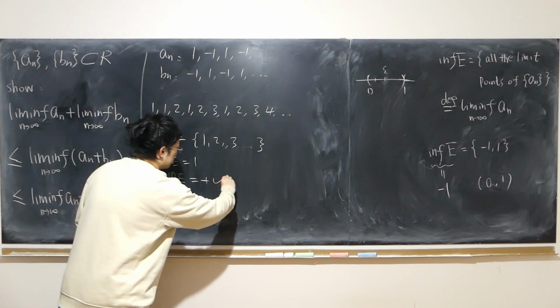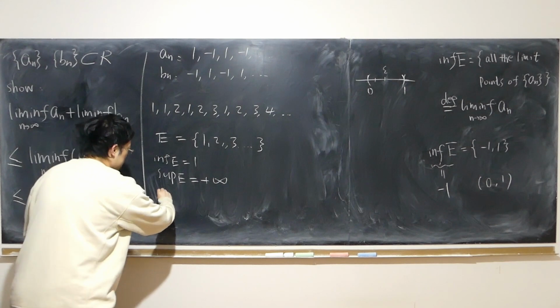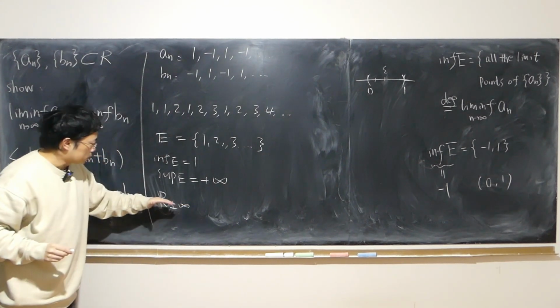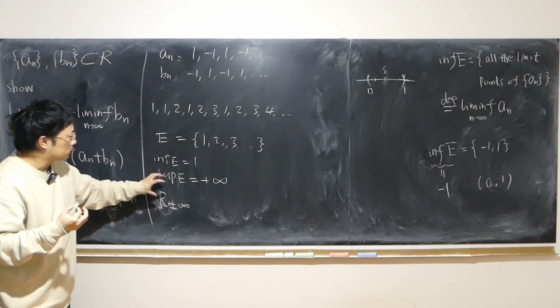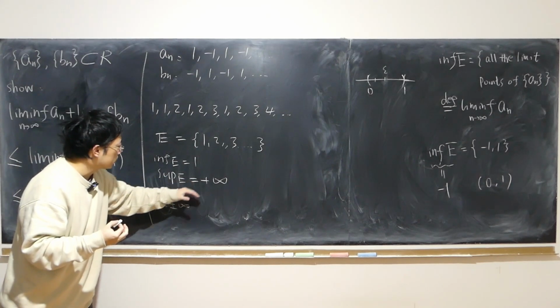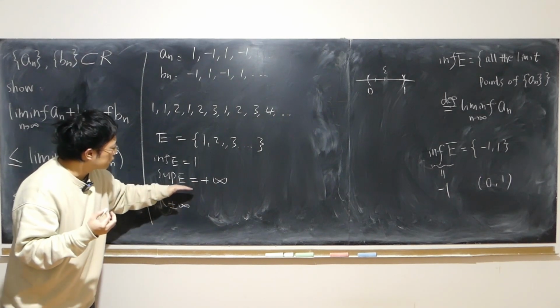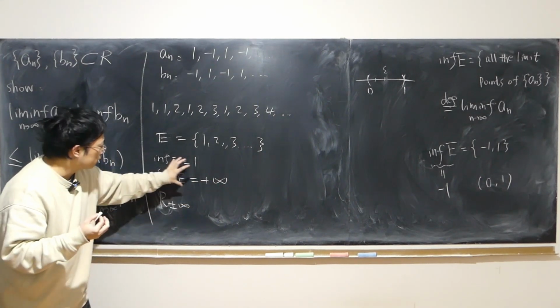Positive infinity. That is to generalize the real numbers, when we include positive infinity and negative infinity into the real numbers. Generalize supremum to positive infinity, treat it as a special real number. Right? That's what I mean.